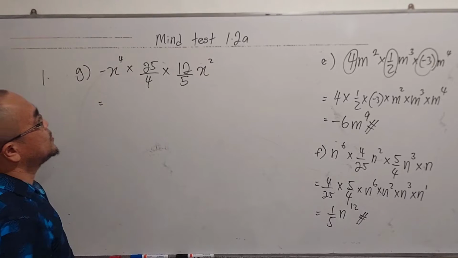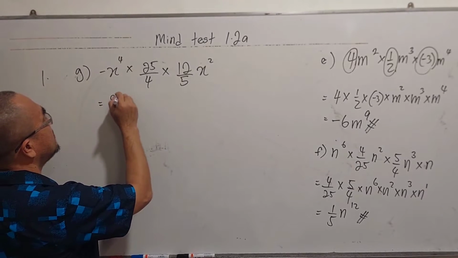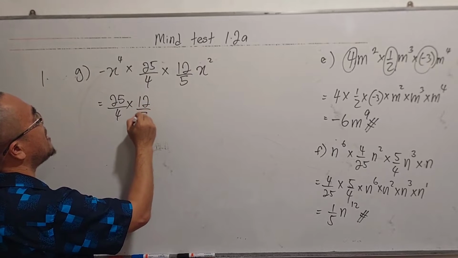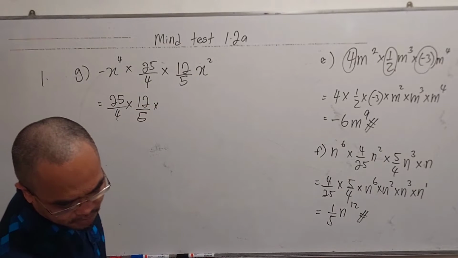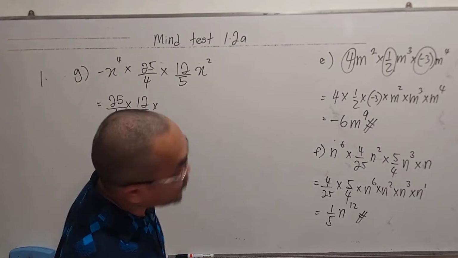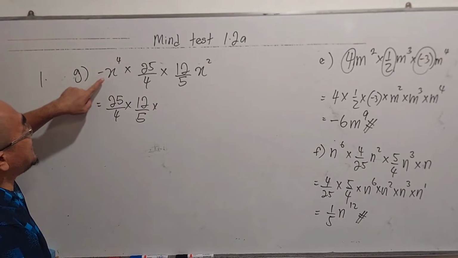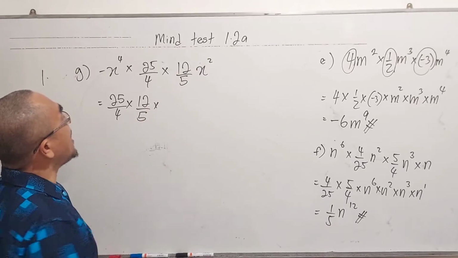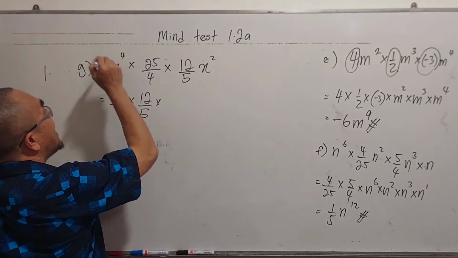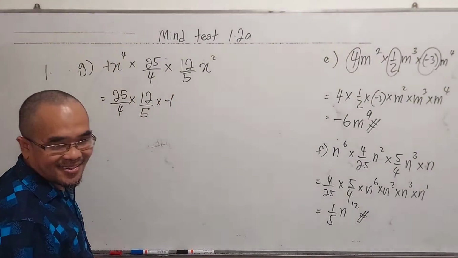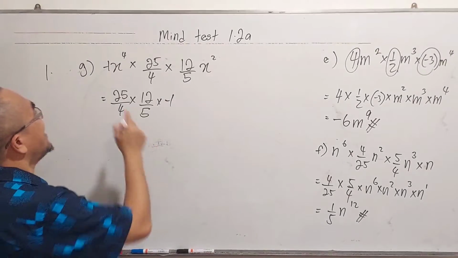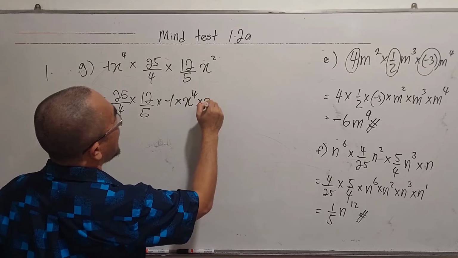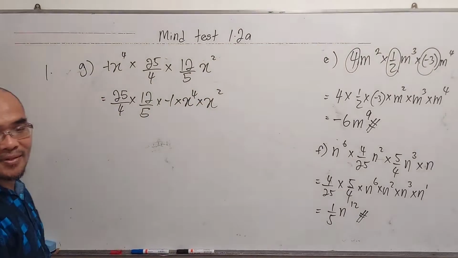Okay, so we should write 25 over 4 times 12 over 5 times... okay, look here. This is negative x. This is x. So actually you should write here negative 1 times negative 1. Get it? Alright. So then we have x to the power of 4, x to the power of 2.